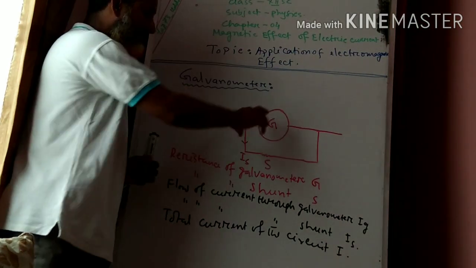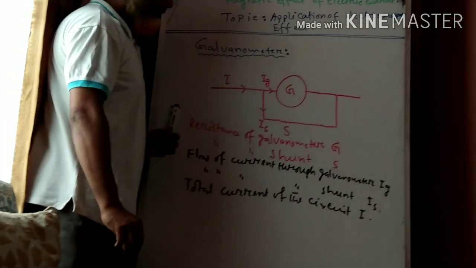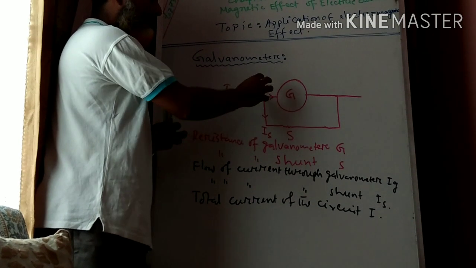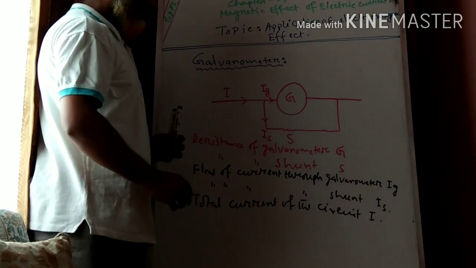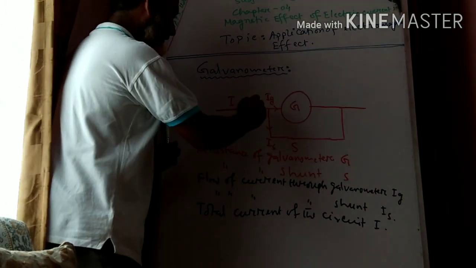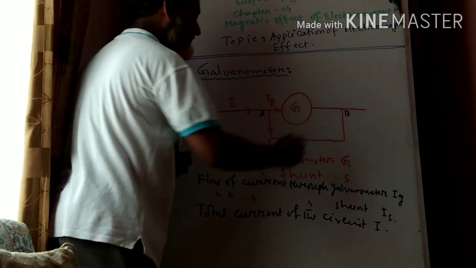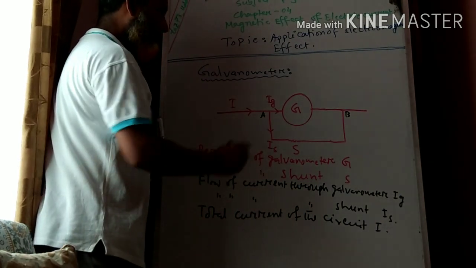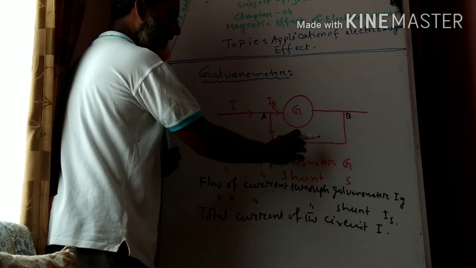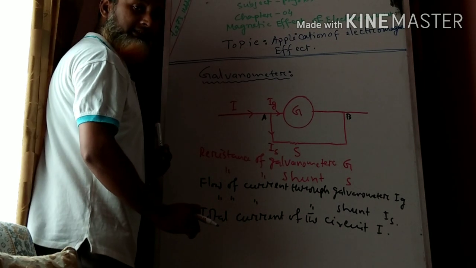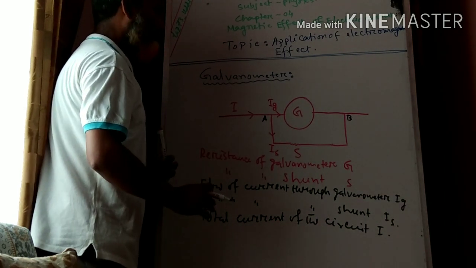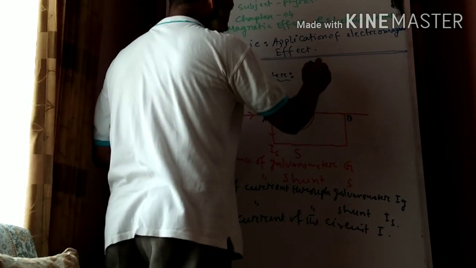You see these two are connected in parallel. So I am going to find the relation between the total current and the shunt current, and the total current and the galvanometer current. Let this point be A and this point be B. The potential difference across AB for the galvanometer is Ig into G, and for the shunt is Is into S. Because they are connected in parallel, both potential differences will be the same.